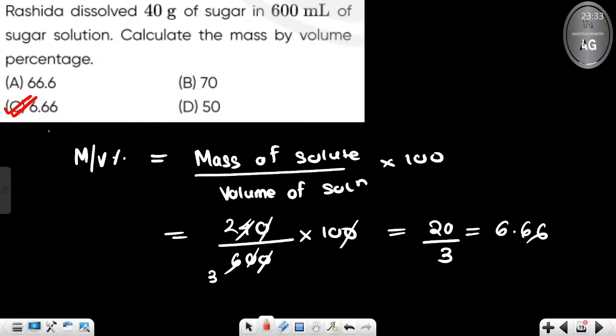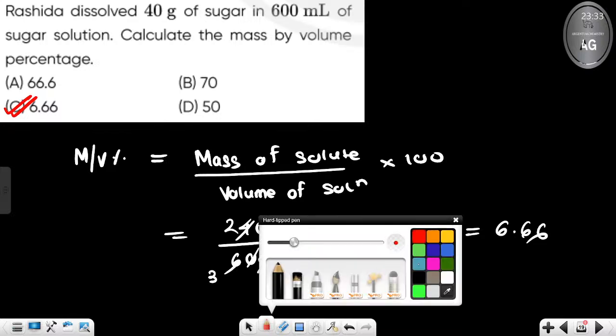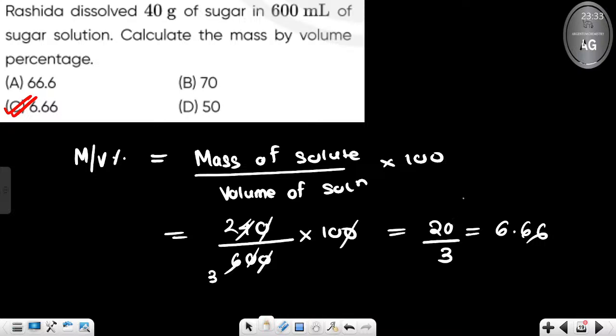If there is any mistake on my part, please correct it. I'm not seeing any solution from you, so please correct it. It might be wrong, but I don't think it will be. If by chance it is wrong, please make sure that you correct it from your end. Clear with this question? Easy one. Next one.